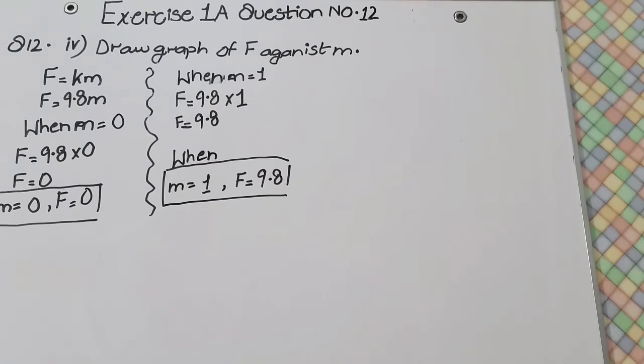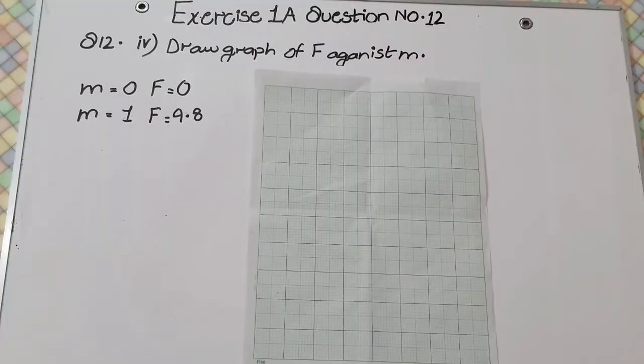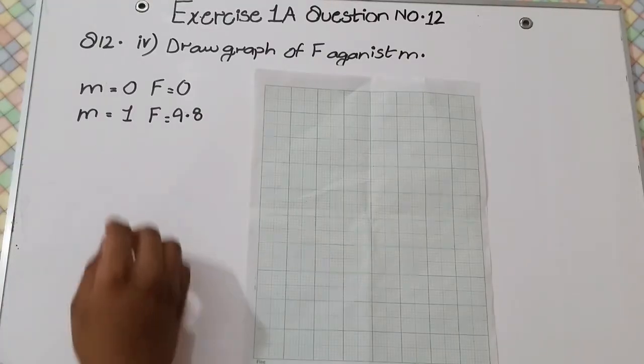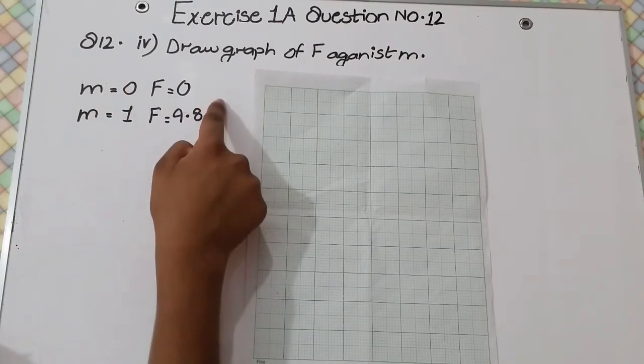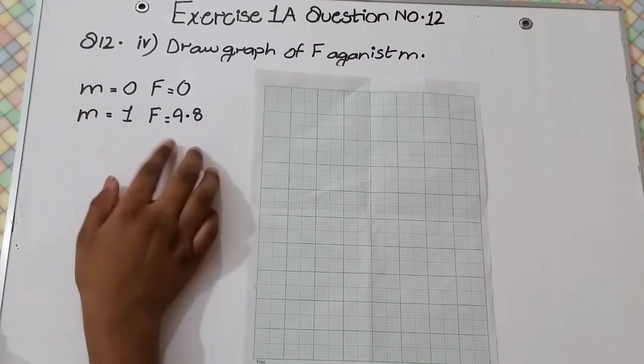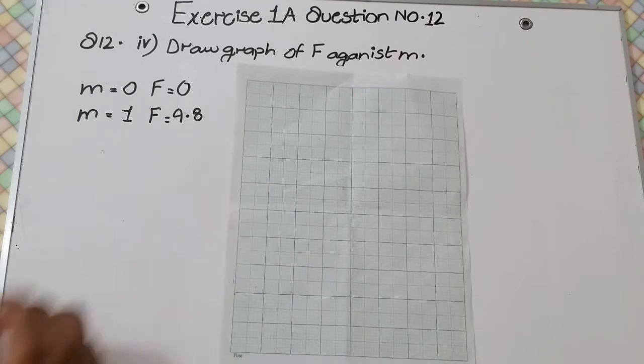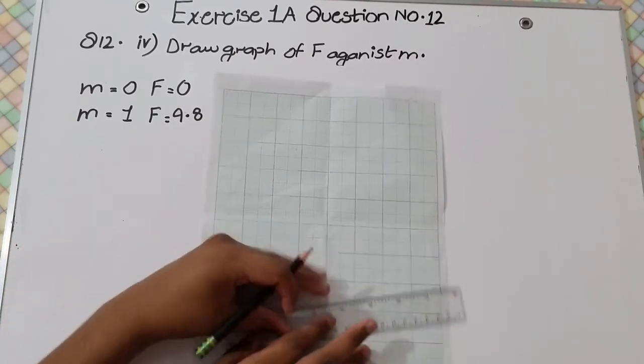Now let's move towards the plotting of the graph. The values for the graph are: when M is 0, then F is 0, and when M is 1, then F is 9.8. So let's start. Let me draw the graph.